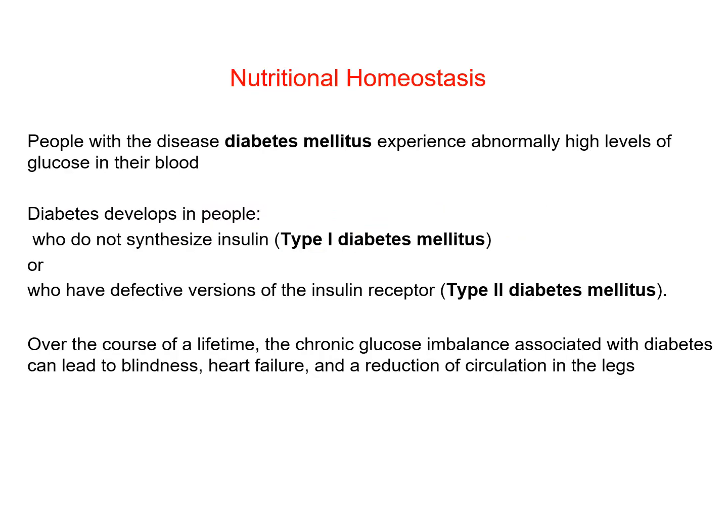Now, in terms of abnormalities, people who have a disease called diabetes mellitus can end up experiencing abnormally high pathological levels of glucose in their blood. That's a problem.